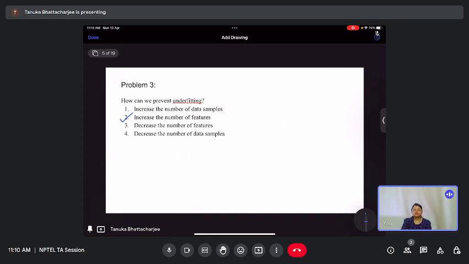Decreasing the number of features or decreasing the number of data points does not work. Increasing the number of data points also does not work much; that actually helps in preventing overfitting. Increasing the number of features is the appropriate option for preventing underfitting.